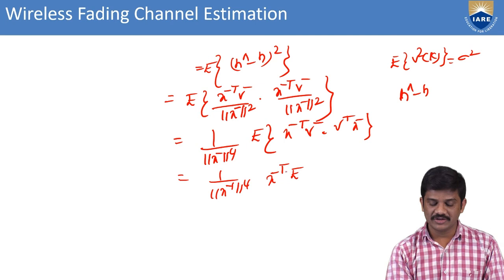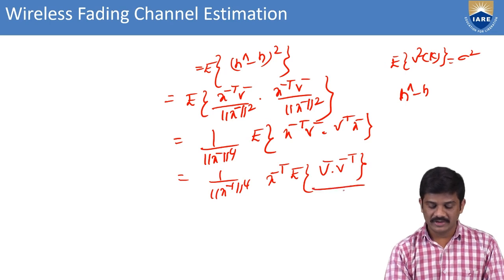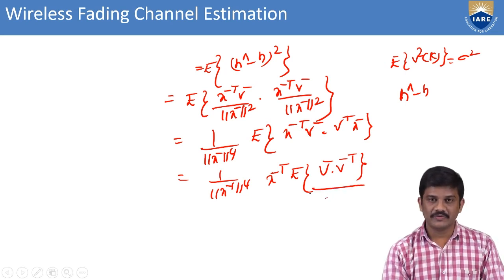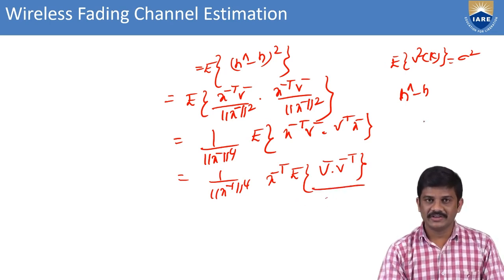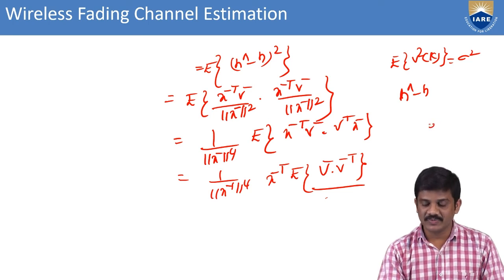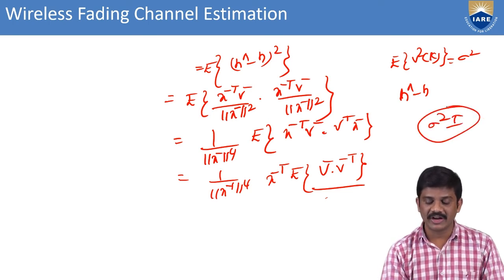Then we can write here the estimation of v bar transpose. We know from the previous one what that variance is: sigma square into the identity matrix. Then we substitute sigma square I.